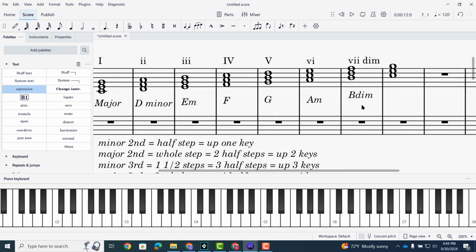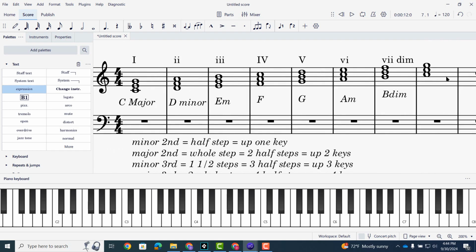And then finally, hopefully we get back to C, which would be the same as this one. So now we get back to 1. We're back to C, or an octave higher than where we started. That's not going to change. That's still going to be a 1. So we add staff text for that, and we say back to 1. Now remember, 1 is a major chord, so it's a major third and minor third on top.